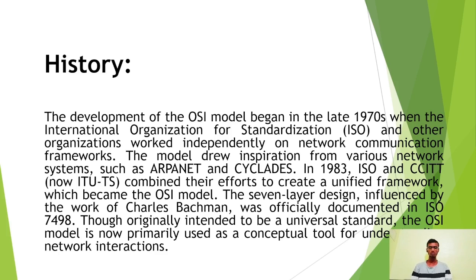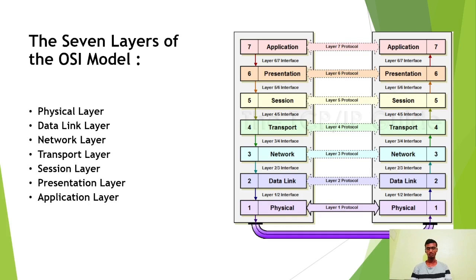In 1983, ISO and CCITT, now also known as ITU-TS, combined their efforts to create a unified framework which became the OSI model. These 7 layers were designed and influenced by the work of Charles Bachman and officially documented as ISO 7498.